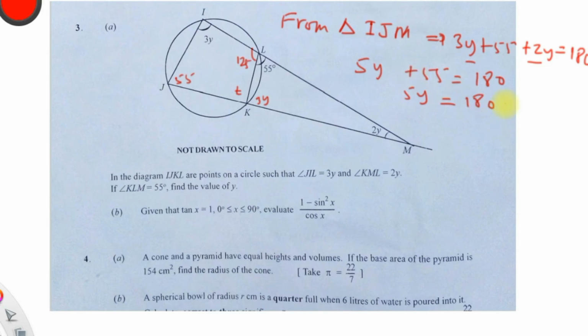As I was saying, you have to give reasons because this is a theorem question. From the cyclic quadrilateral, opposite angles in a cyclic quadrilateral add up to 180. You have to say that this 55 is 55 because this side is 125.